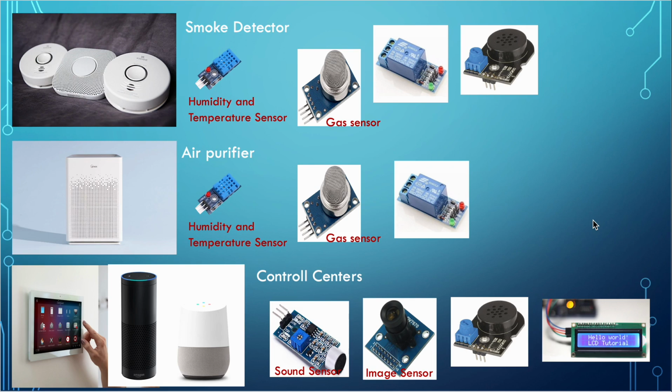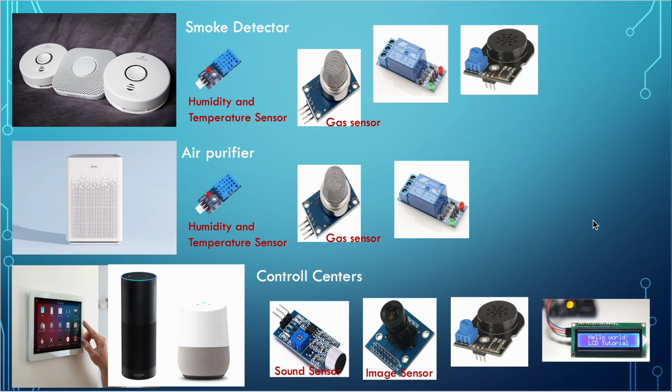The examples that I have shown here are normally used in smart homes. But again, as I told you, control centers for IoT devices come in all shapes and forms.